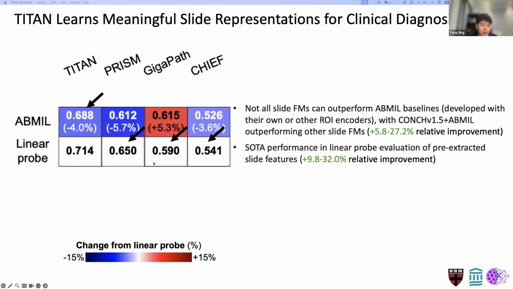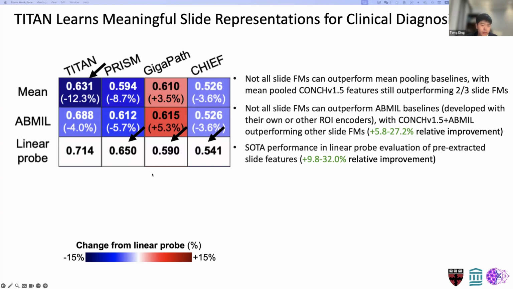So as compared to the supervised ABMIL baseline, Titan outperforms it using only linear probing, and we see that not all slide foundation models can outperform their ABMIL baselines. With our model, with CONCH v1.5, our patch level model plus ABMIL outperforms other slide foundation models by actually a large margin.